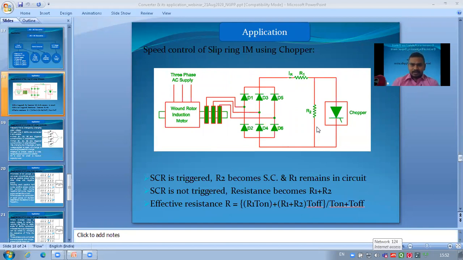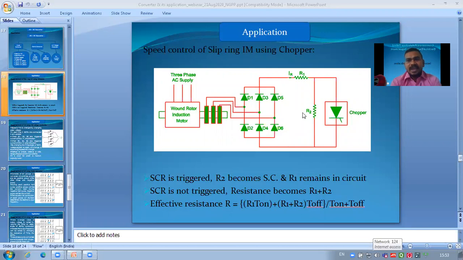Okay, now we are making this thyristor, the chopper, on. When we make this thyristor or SCR on, it will make this R2 resistance short circuited because R2 is connected in parallel with this thyristor.